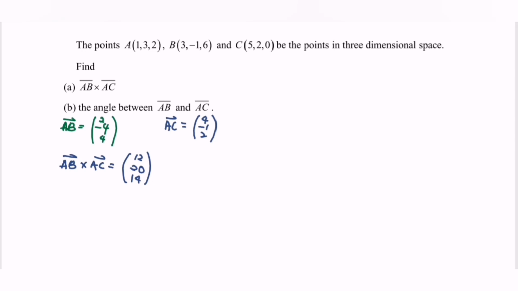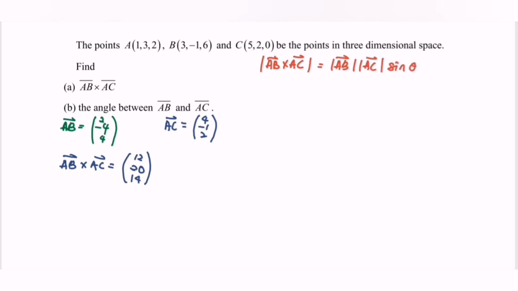Next, kindly focus on B, the angle between AB and AC. So in here, my suggestion is to make use of the formula where we have AB cross AC equals the magnitude of AB multiplied with the magnitude of AC sine theta.